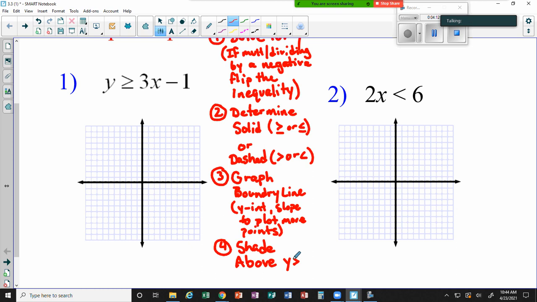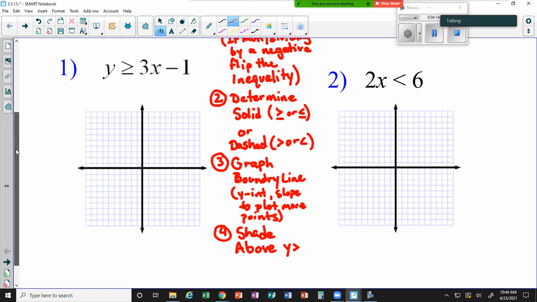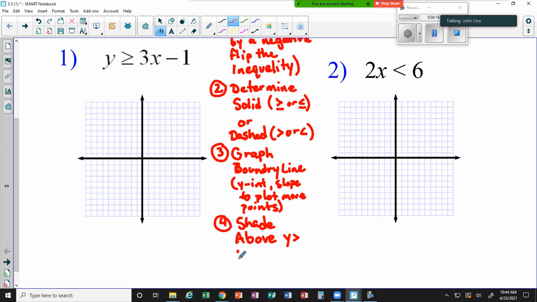Okay? We shade below the line when y is less than. Now, vertical lines are different. We'll look at what we do for number 2 here, because it's going to be a vertical line. It's going to be a little different, but that's a little common sense type thing.